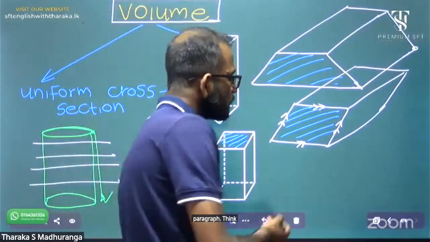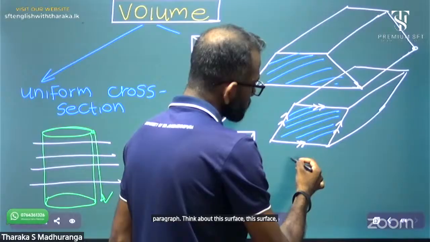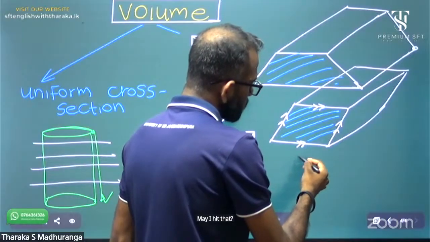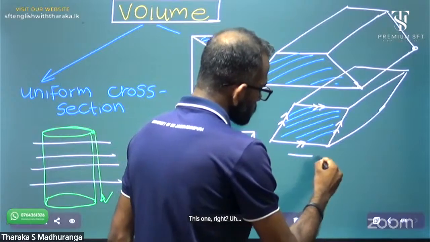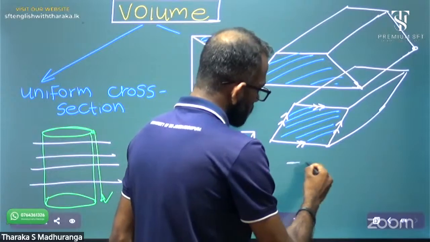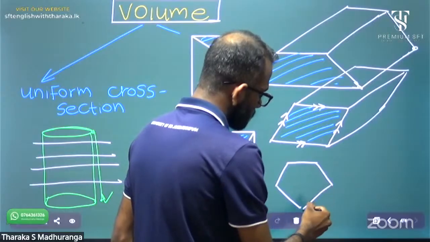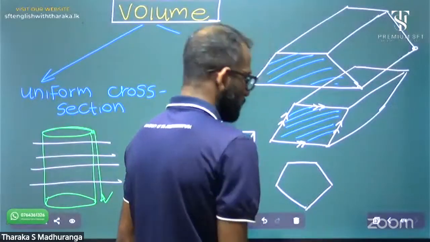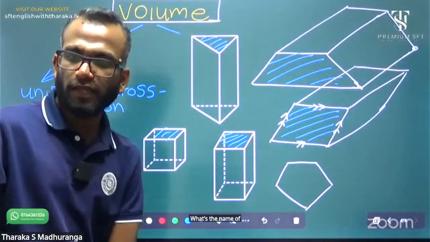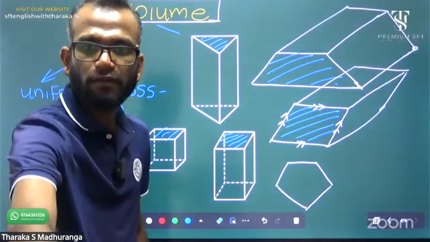Think about this surface. This one, right? What's the name of this surface? This shape? What's the name?